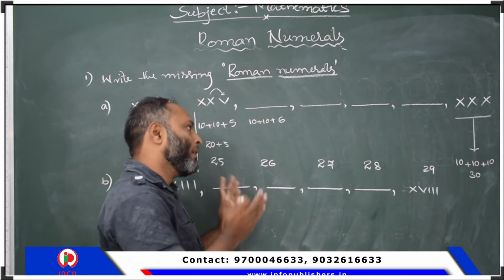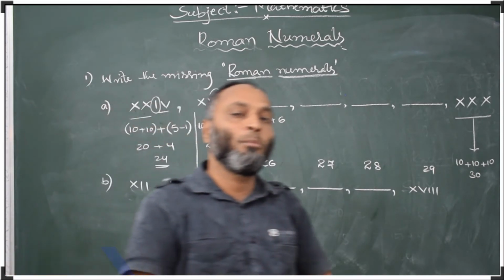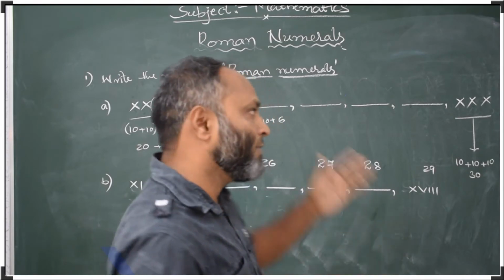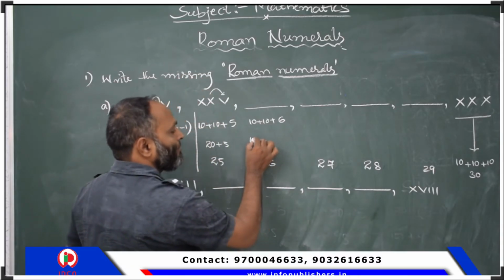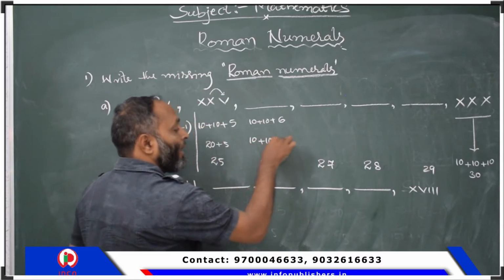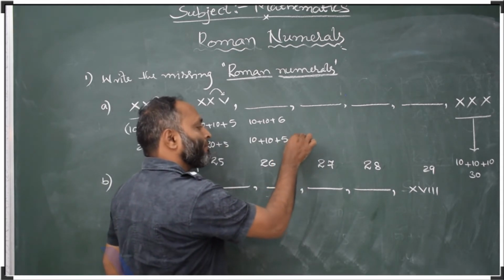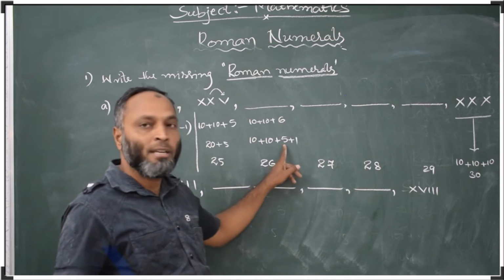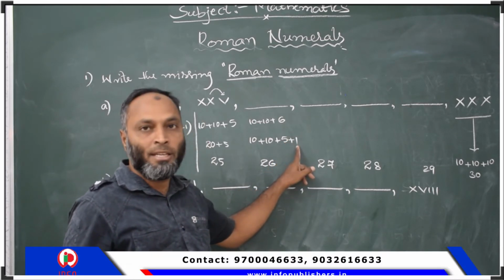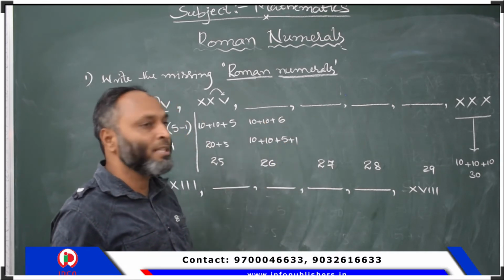Again we have to make it, whatever Roman numerals are there, and on that basis we have to write this. How? 10 plus 10. And here 6 is there. 6 we can write as 5 plus 1. 5 representation is there and 1 representation is there. So it becomes 26.